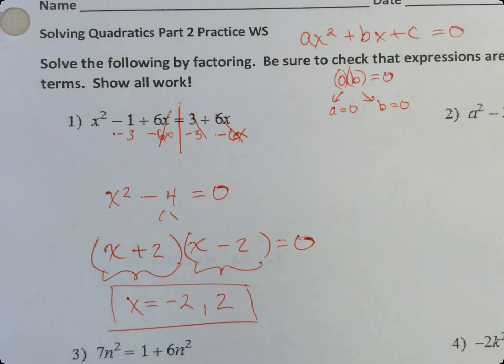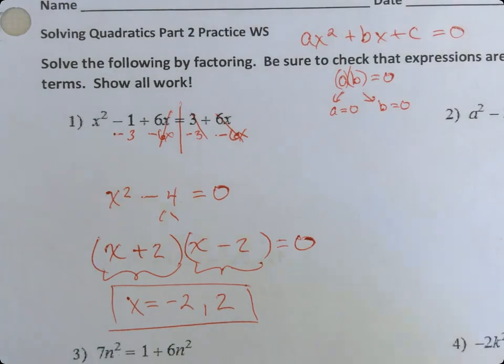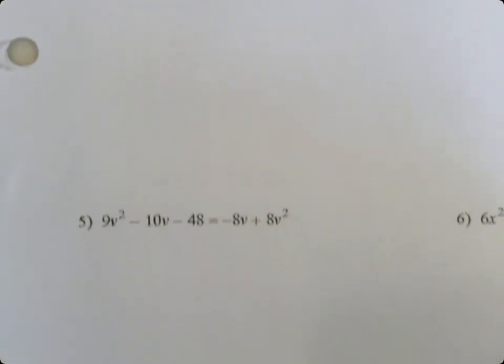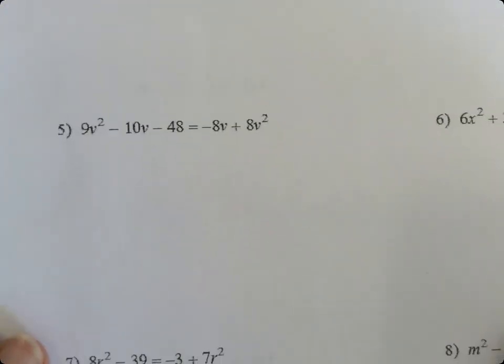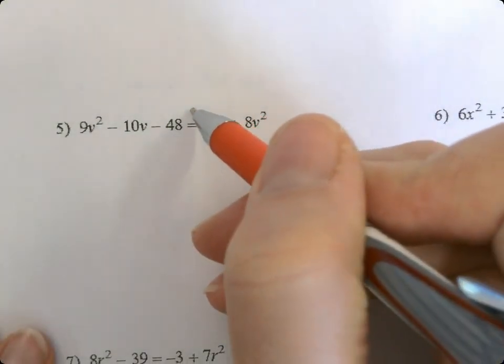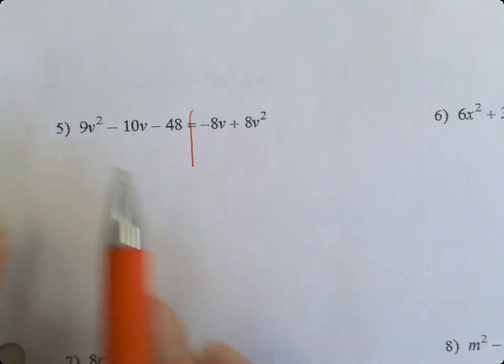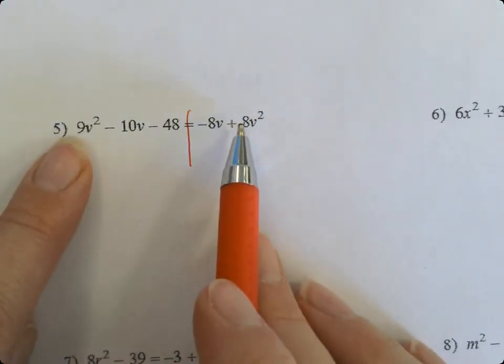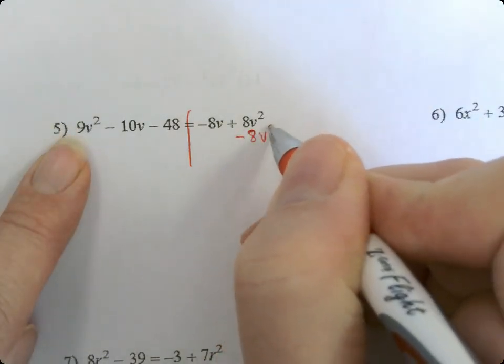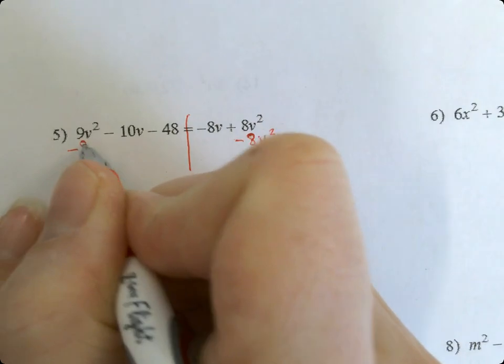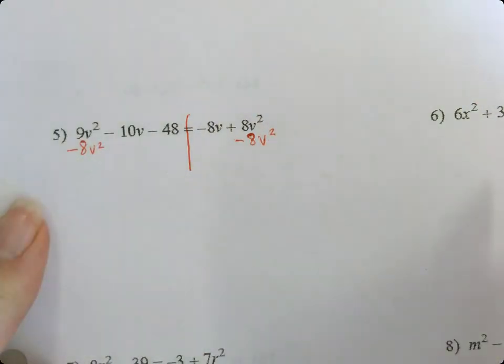Let's jump to number 5. When I say similar problem, it's because you are going to get those two terms and they're going to work out as difference of squares. All right, number 5 looks like a lot going on. I'm going to leave the 9v squared on the left because when I subtract this, it keeps it positive. So subtract 8v squared. Now you could do this in multiple steps, but I think we're good to do it in one.